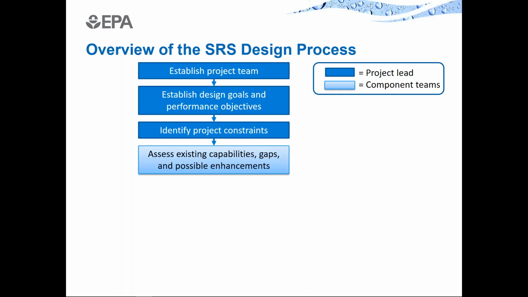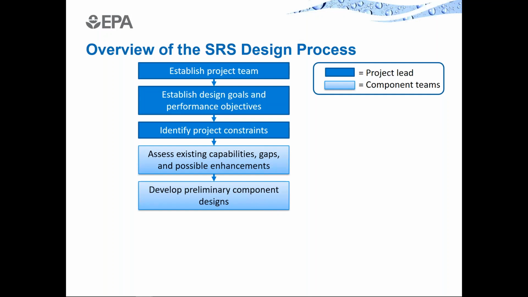And once those preliminary activities have been completed, we can go to the component teams and ask them to assess existing capabilities within the utility or within partner organizations that can be used to start to build the surveillance or response components. Now, in many cases, there'll be a strong foundation, but gaps might be identified, and then possible enhancements can be derived from that gap analysis.